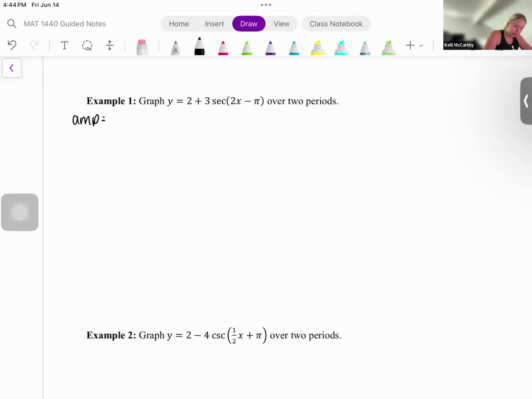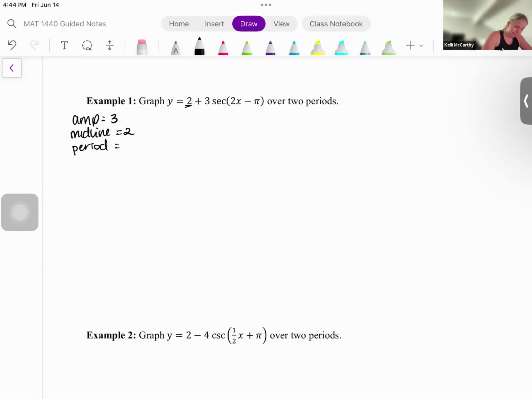So our amplitude here, that's the coefficient on secant, which is 3. Our midline is at 2. That's the value that we're adding to the function.